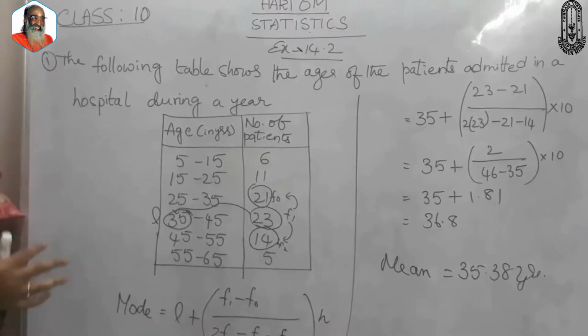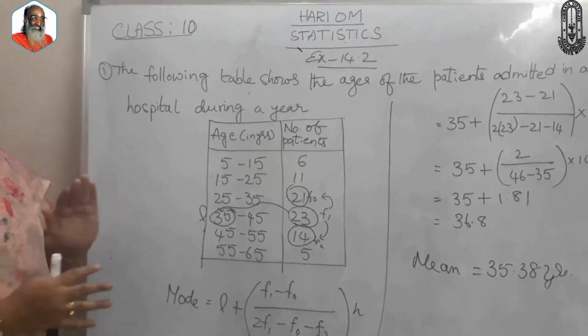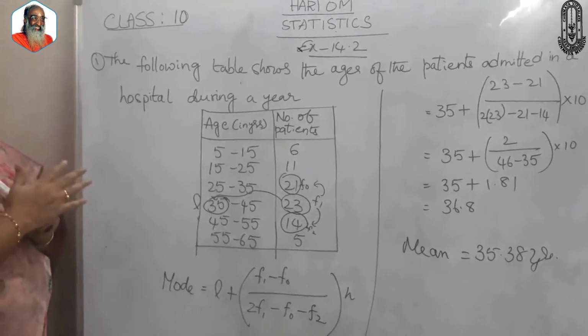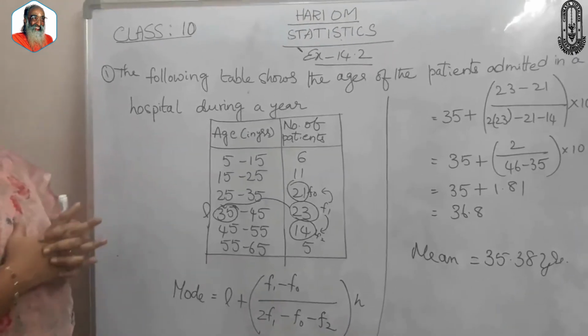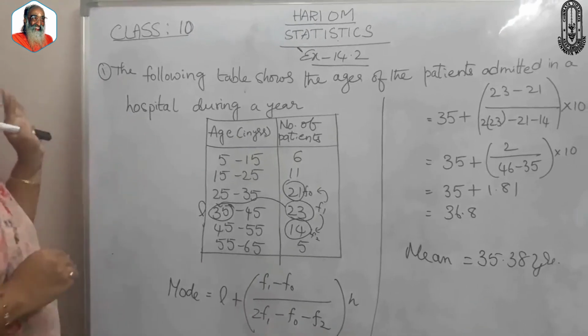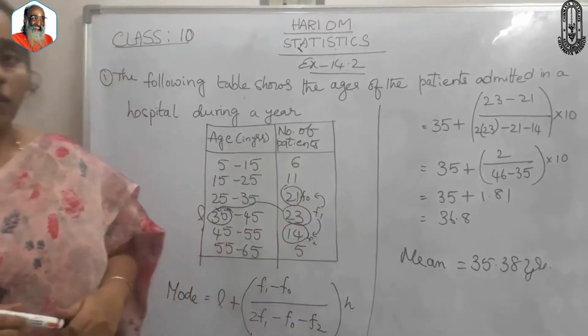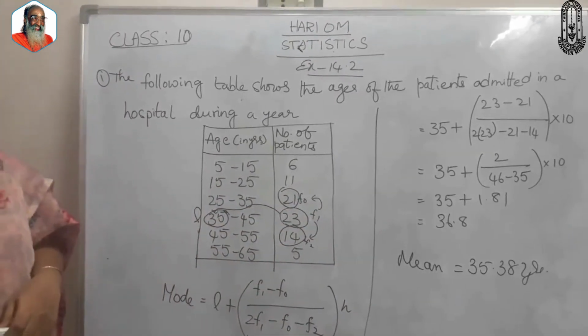So up to now we discussed mean and mode; these two concepts are over. These are the concepts about mode: for ungrouped data we discussed already, and for grouped data, this is the formula and simplification.